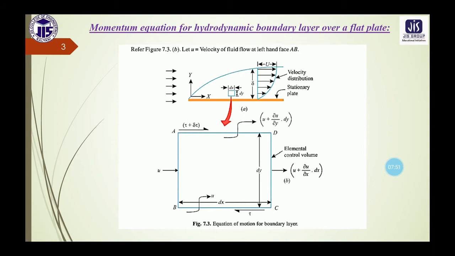In this zone, that is in the viscous zone, we have taken into consideration one small elemental volume which has been shown in a large form, in a zoomed in form. So let us move to the next page.